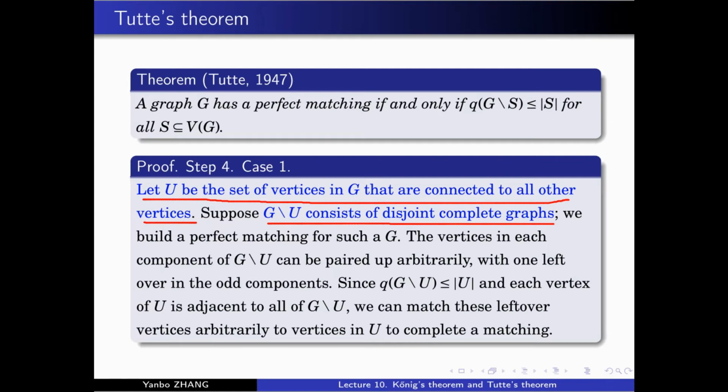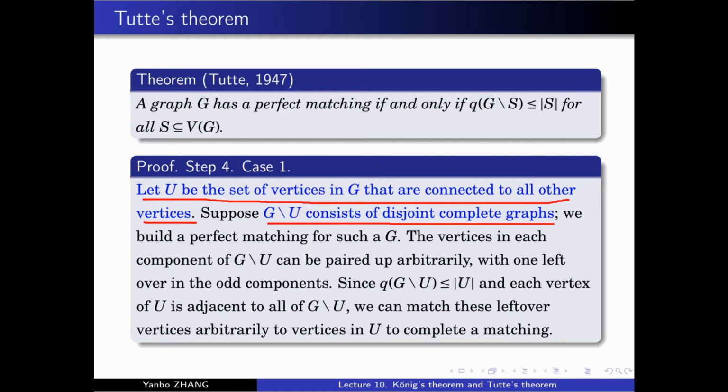We build a perfect matching for such a G. The vertices in each component of G - U can be paired up arbitrarily with one left over in the odd components.